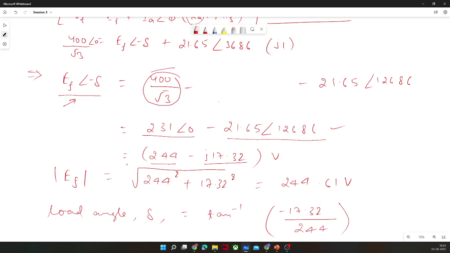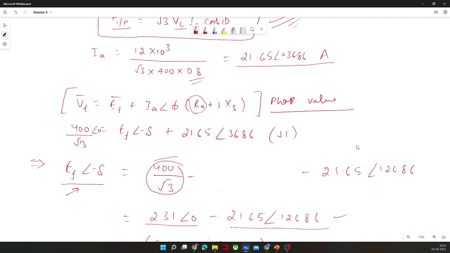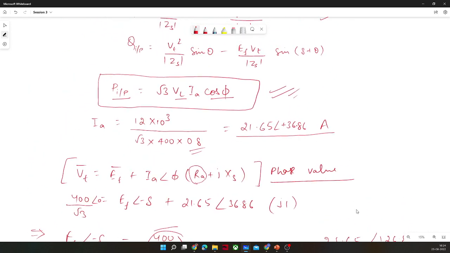Sir, in the power formula, it is given as root 3 times the line-to-line voltage multiplied by IA cos theta. But the real formula should be root 3 times line voltage multiplied by line current. Yes, you are correct. But this is star connected here. So in a star, line current is equal to phase current, right?